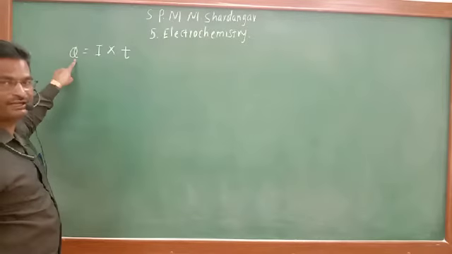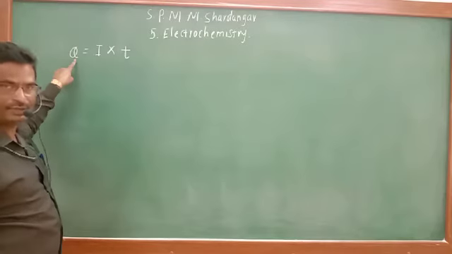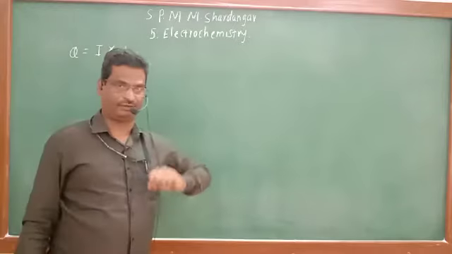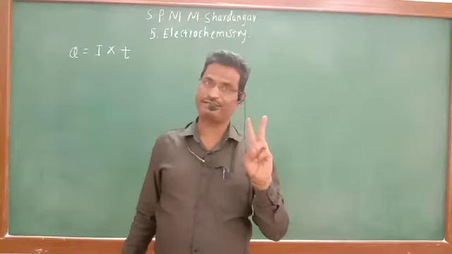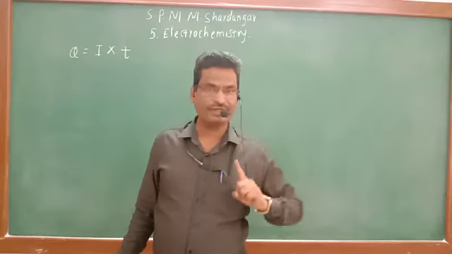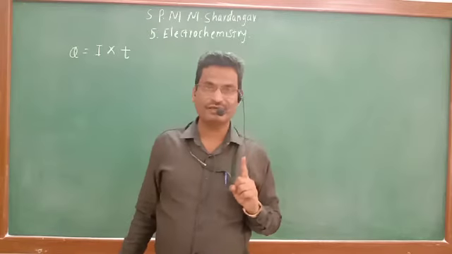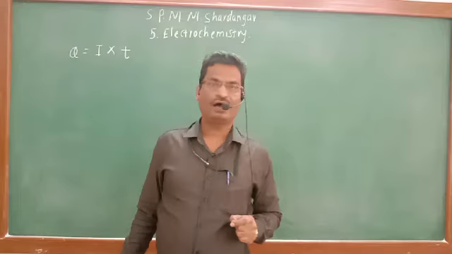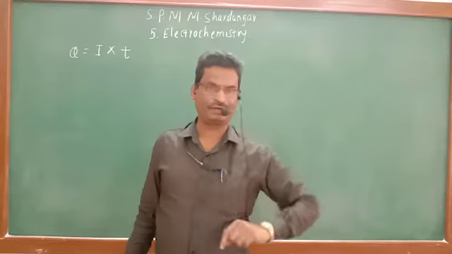The second unit we have studied is a bigger unit, that is Faraday. See, important definition for Faraday. Two definitions I have told you. In the first one, Faraday of electricity is nothing but the amount of charge associated with 1 mole of electrons.